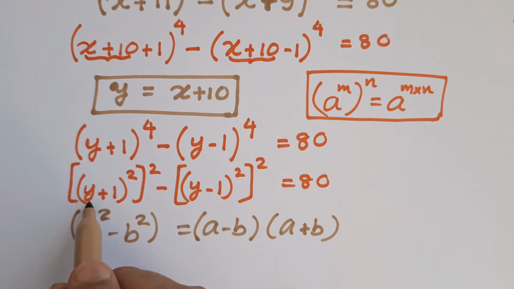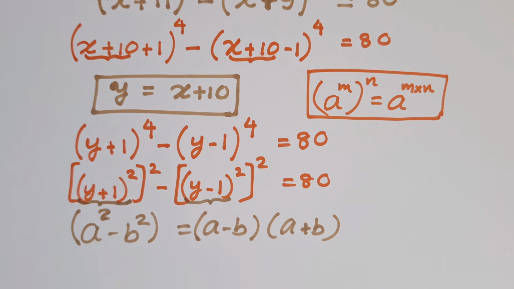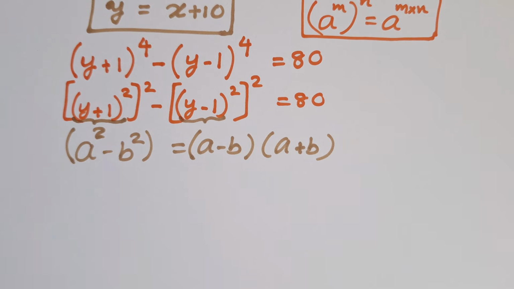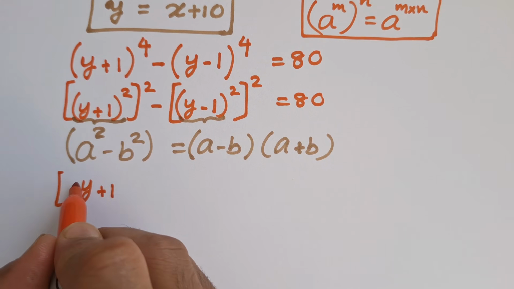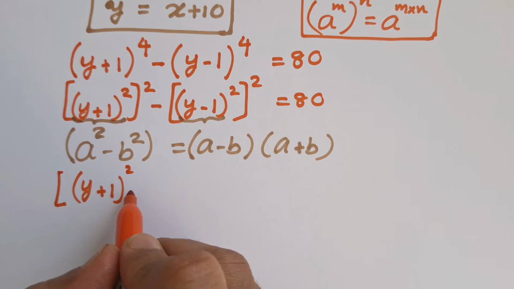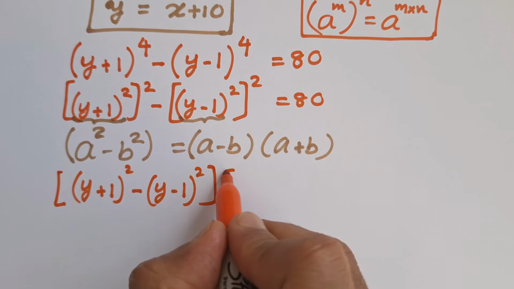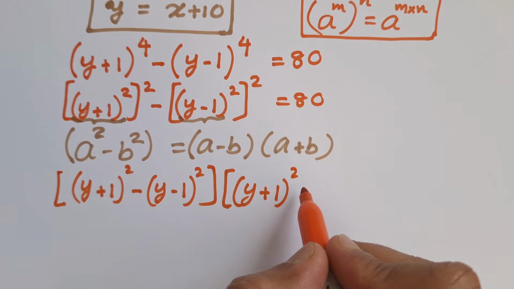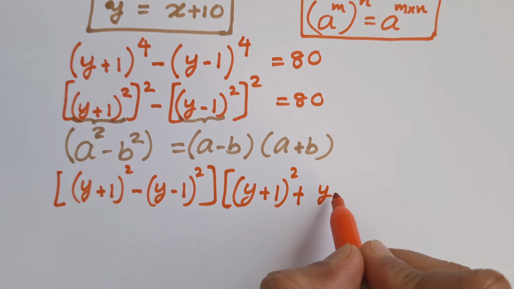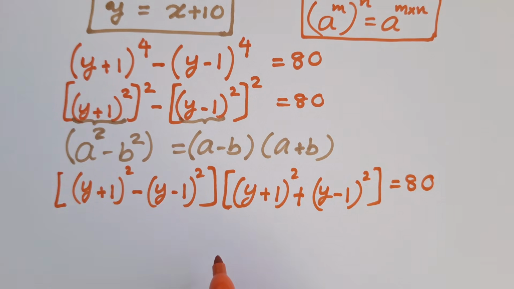Just think that a is equal to (y + 1)^2 and b is equal to (y - 1)^2. So in the next step I have, in the first bracket, (y + 1)^2 minus (y - 1)^2, and in the next bracket, (y + 1)^2 plus (y - 1)^2, is equal to 80.